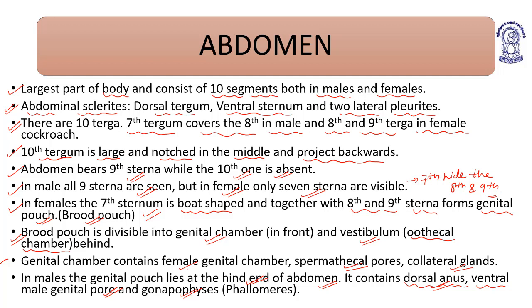In males, the genital pouch lies at the hind end of the abdomen and contains the dorsal anus, the ventral male genital pore, and gonapophyses, also known as phallomeres. Understood?